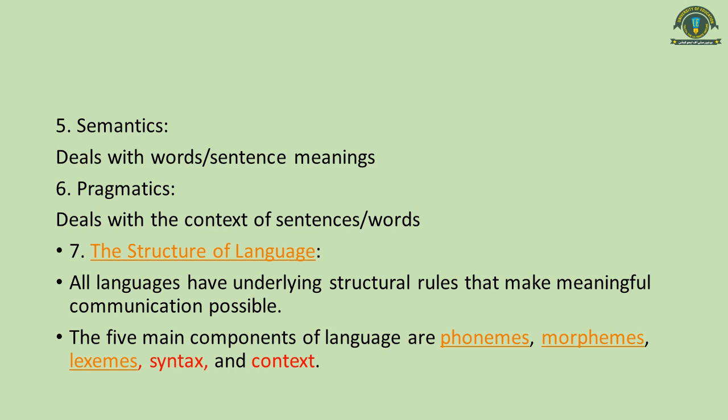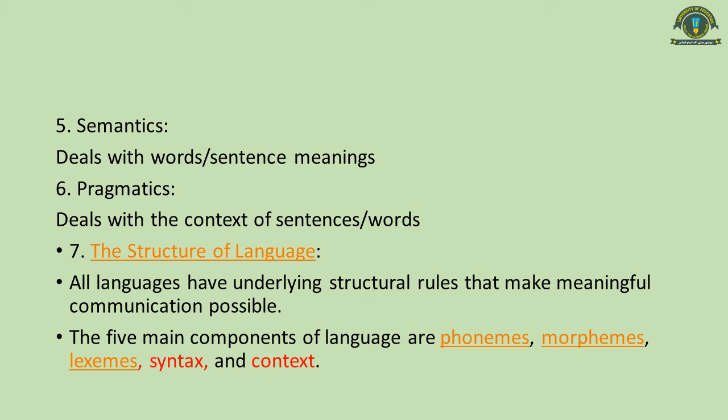All of you know that all languages have underlying structural rules that make meaningful communication possible. The 5 main components of language are phonemes, morphemes, lexemes, syntax, and context. Along with grammar, semantics, and pragmatics, these components work together to create meaningful communication among different individuals.